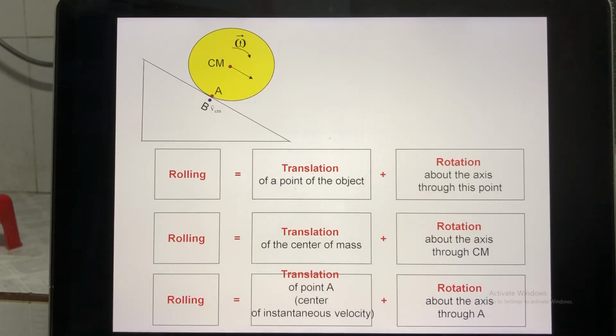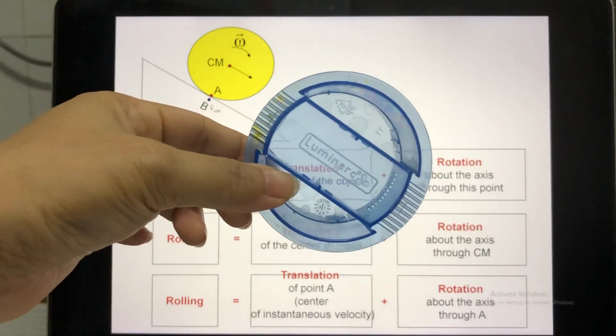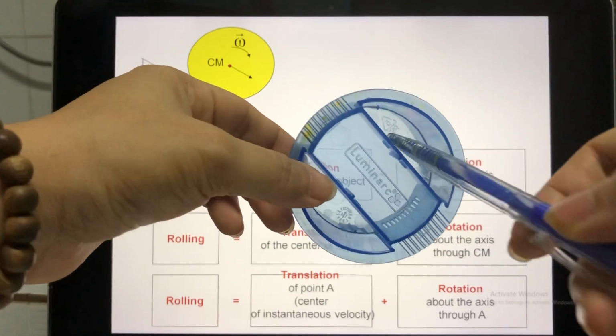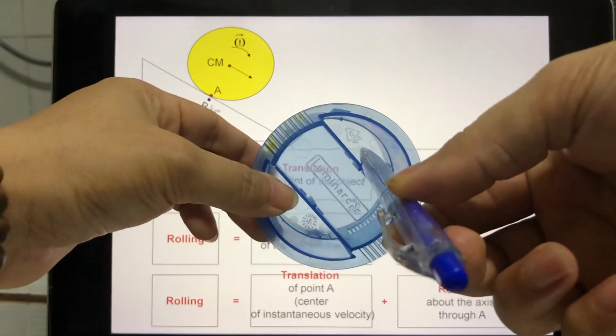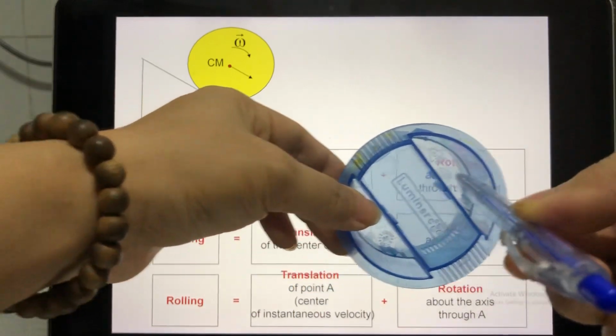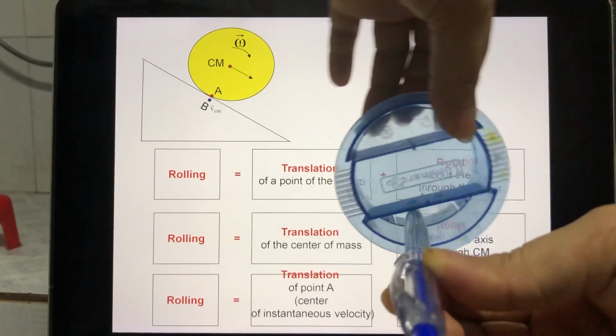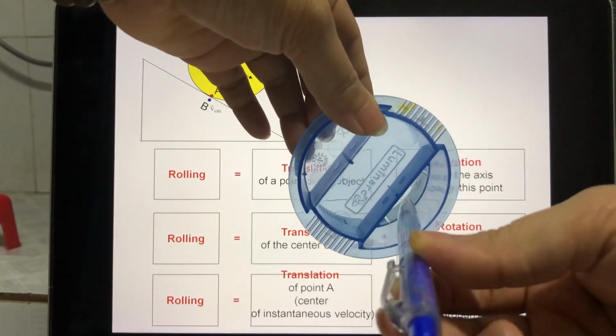So there are three cases. The first one: you consider the translation of a point of the object and rotation about the axis through this point. For example, you have the object and you consider any point here, for example this point. So translation of this point and rotation of the object with respect to the axis passing through this point.